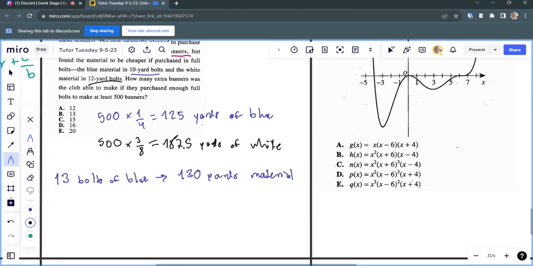And if they want to make 187.5 yards of white, they would need at least 16 bolts of the white material. And that would give us 16 times 12, which is 192 yards of white material. So they got their 500 banners. Now they have extra material.